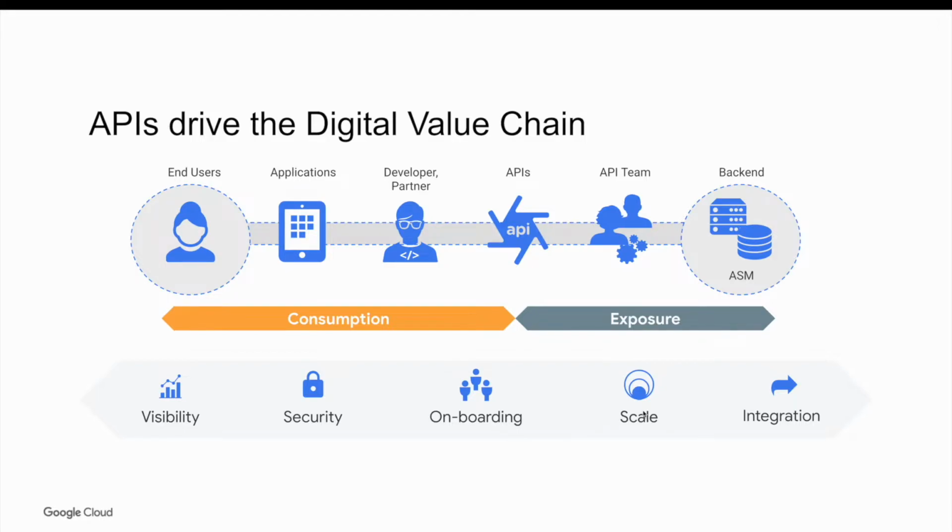We call this outside in thinking. Instead of simply planning on how best to expose the existing services from your backend systems, we encourage customers to think from the end user perspective first and design the APIs that enable developers to build those experiences.